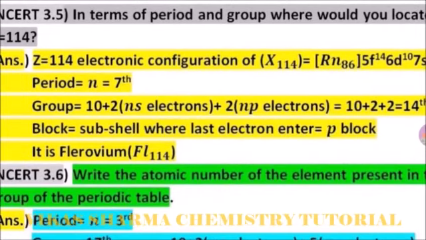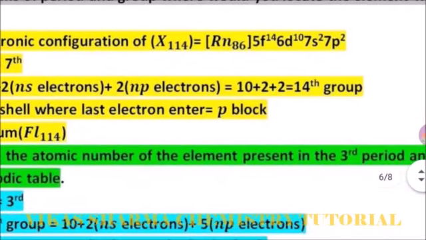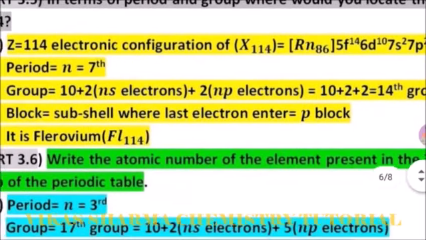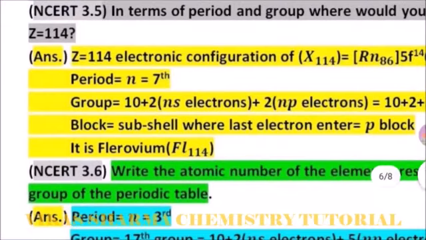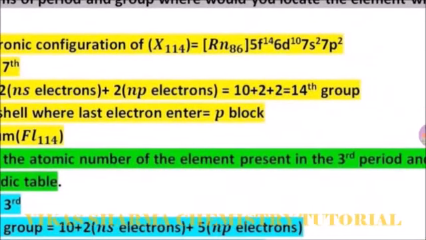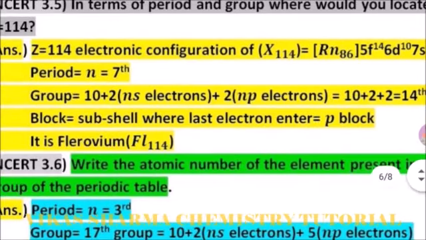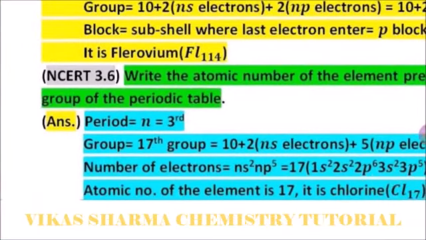Group is always equal to 10 plus ns electrons plus np electrons. So it is 10 plus 2 plus 2, the 14th group. Block is the subshell where the last electron entered; the last electron entered the p subshell, so it is a p block element, and it is flerovium. You can easily see this in your periodic table.